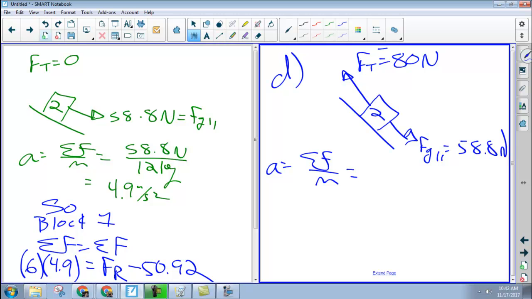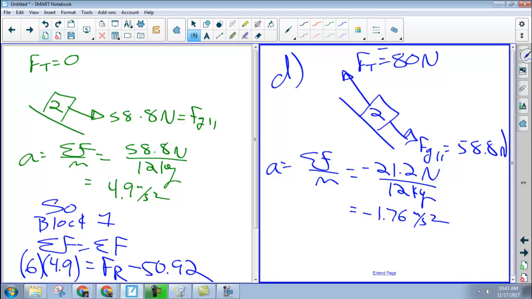So the net force turns out to be negative 21.2. Our mass was 12 kilograms. So this acceleration is negative 1.76 meters per second squared. Is everybody good with that? Follow?